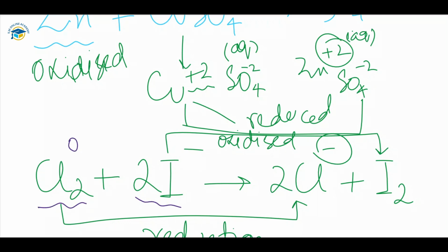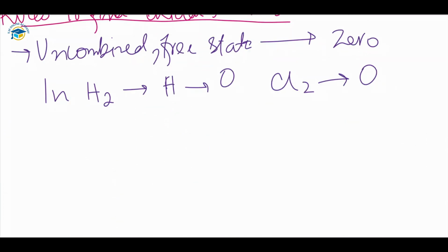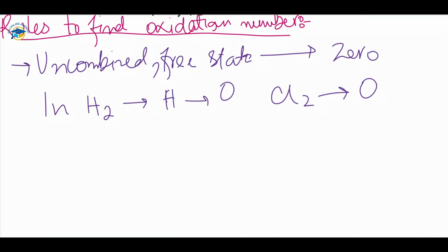And iodide ions are present as iodide. The negative charge is already present, so this is not 0. But in case of iodine that is formed in the product, no charge is present. This is present in uncombined and free state, so the oxidation number is 0. So this is the first rule.